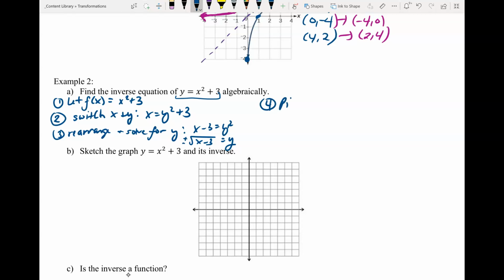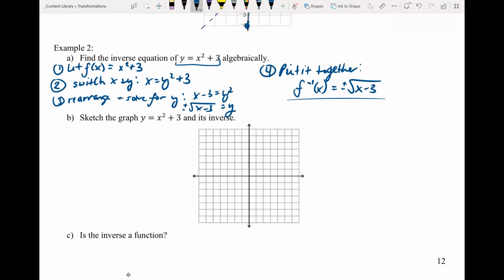Step 4 is to put it together. So that means we found f inverse of x. Remember, we let x squared plus 3 be f of x. And this is what we just found, which is plus or minus the root of x minus 3. And that's our final answer.